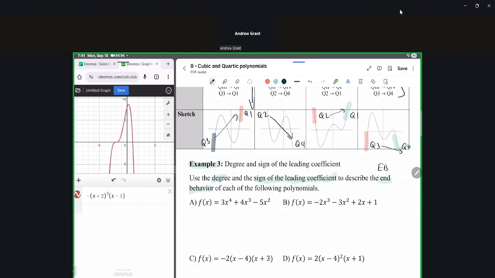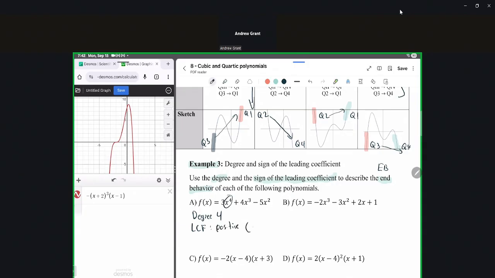Okay. So for A, we have f of x is equal to 3x to the power of 4 plus 4x to the power of 3 minus 5x squared. And so this is a degree 4 because that's the term with the greatest exponent. The leading coefficient is positive.